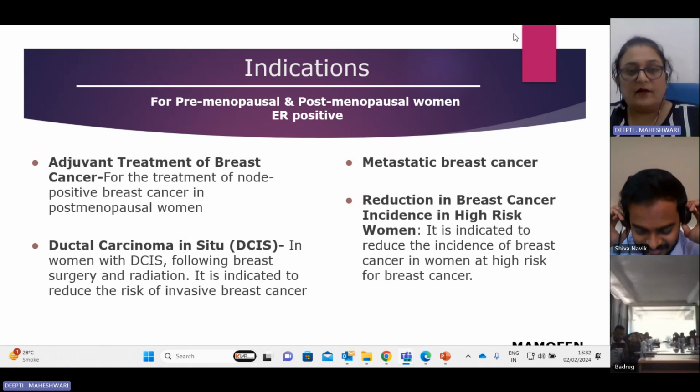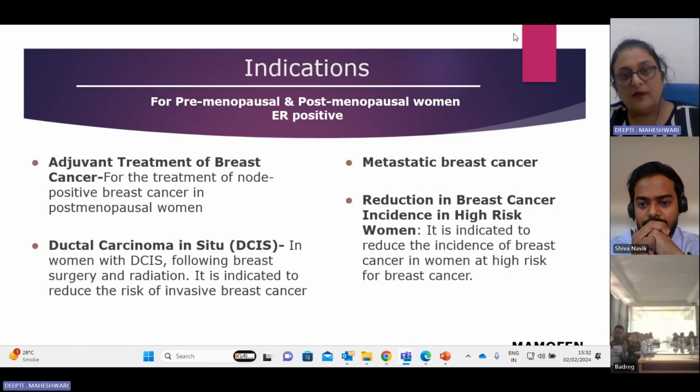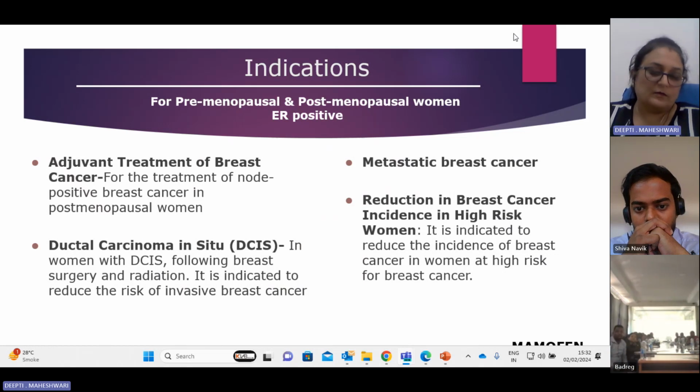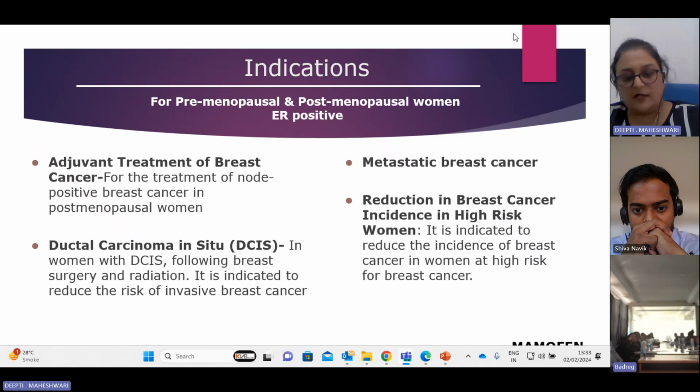If you can see here, I have written tamoxifen can be used for premenopausal women and postmenopausal women. Can anyone tell me what is premenopausal and what is postmenopausal? Anyone? Who can try?